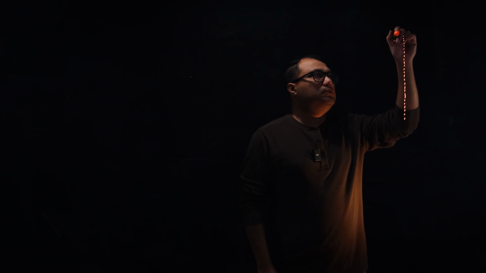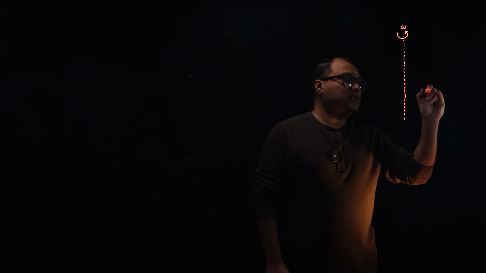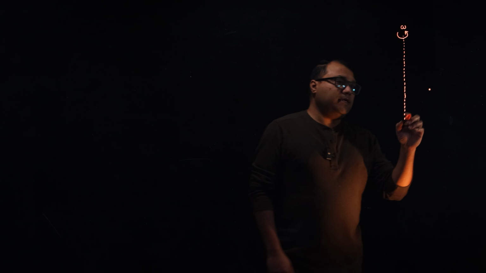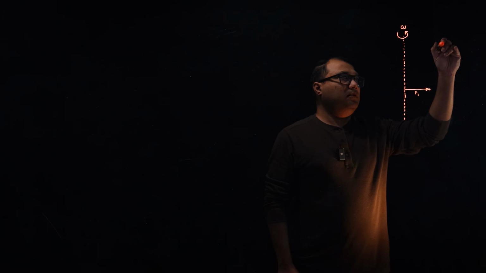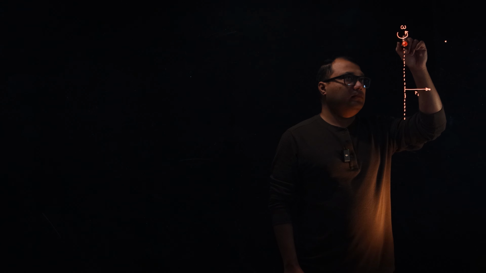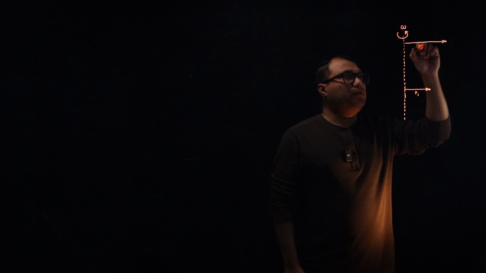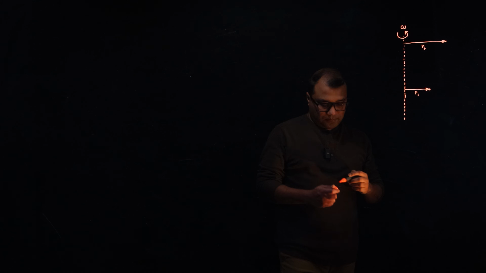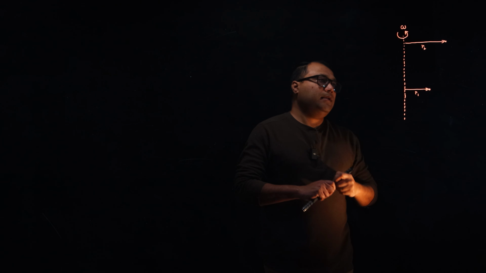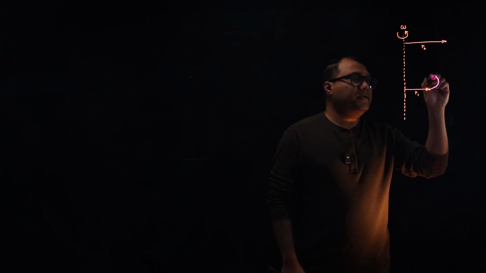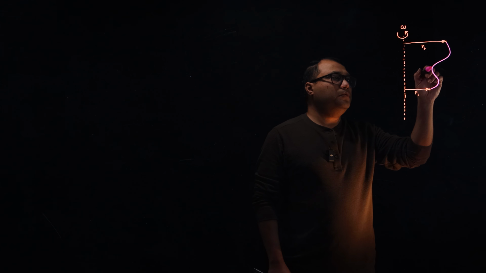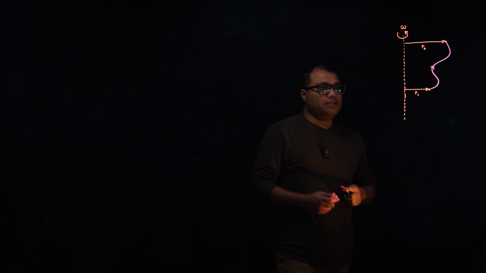This axis is rotating with a constant angular velocity omega, and there is a small body of mass m which is initially at r1 distance from the axis, and then it reaches another point which is r2 distance from the axis, and it is said that this can take an arbitrary path from here to the distance r2.